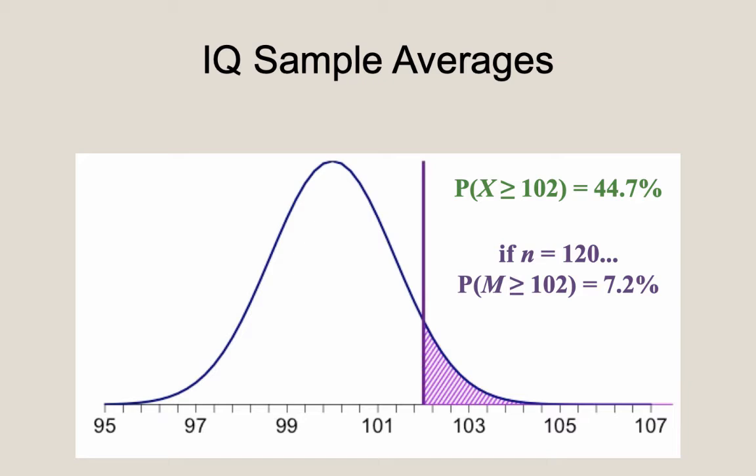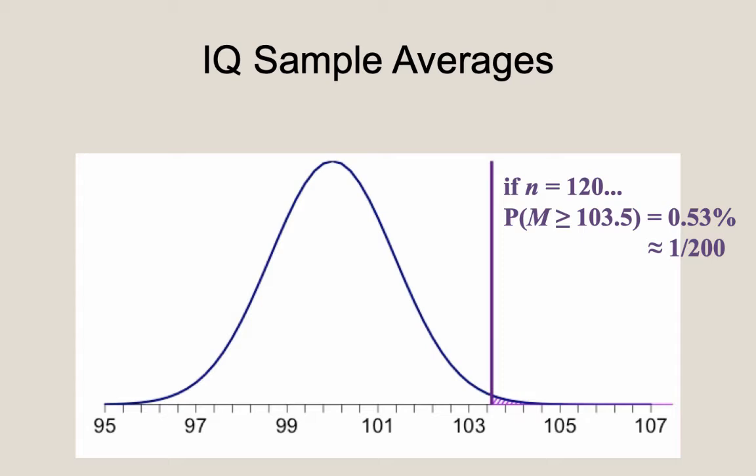Again, this is a problem we've worked through previously. Using a conventional cutoff for what would be considered unusual, unless we have a cutoff of 10% or so, this probably wouldn't be small enough to suggest that a sample with a mean of this size or larger would be considered unusual. That is, 7.2% usually wouldn't be considered unusual.